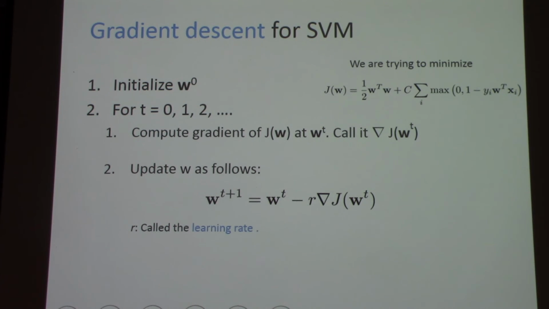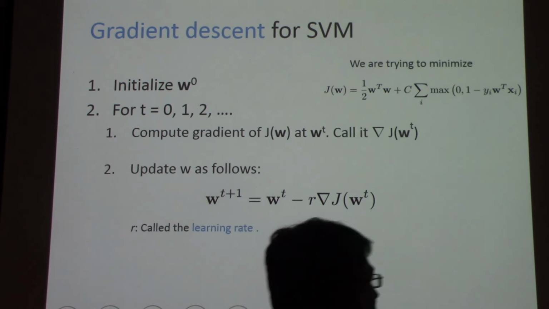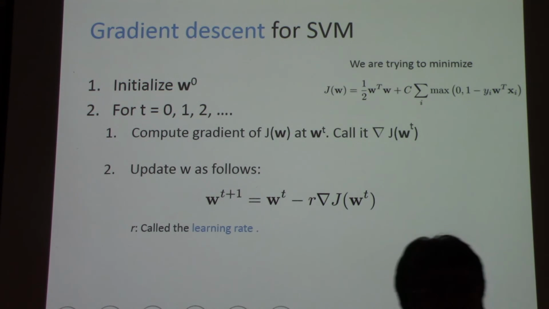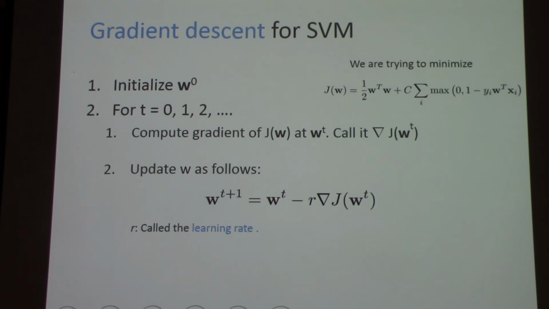So the story is not done, so let's not celebrate yet, but here's an algorithm. You initialize some weight vector, W0, and you take multiple steps. At each step, you compute the gradient of the objective function. I'm calling it J of w, and that's just your SVM objective.